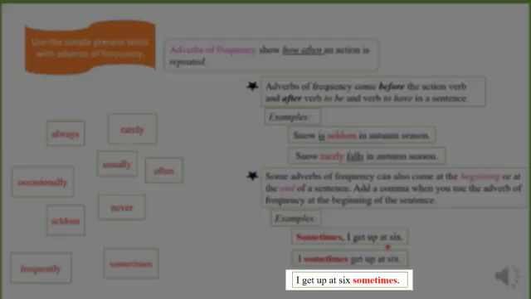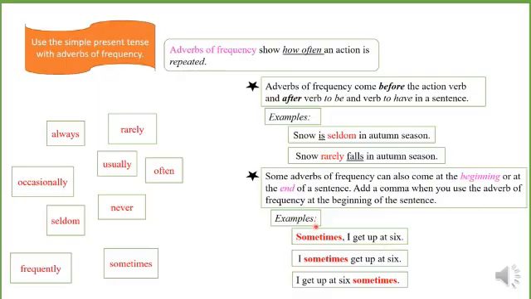I get up at 6 sometimes. So look here, the adverb of frequency, sometimes, can come at the beginning, and we have to use a comma if we use it at the beginning. It may come at the end, or it may come before the action verb.